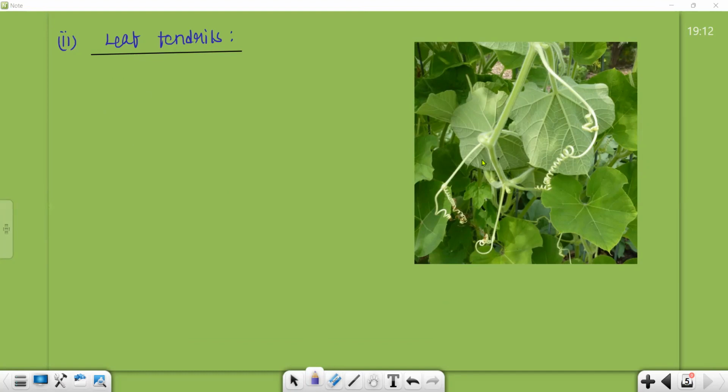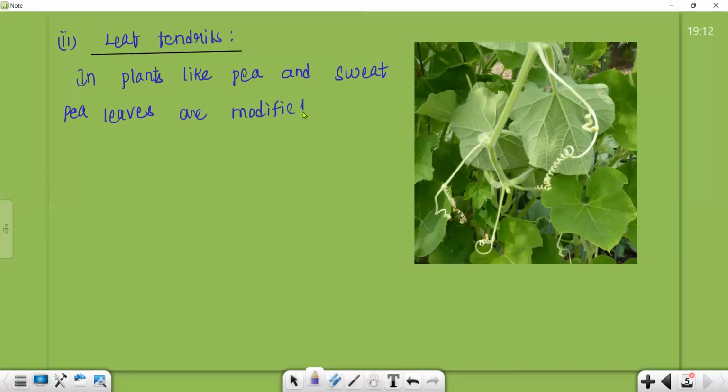Mostly you can find this in peas and sweet pea. In plants like pea and sweet pea, which climb, leaves are modified into long, thin, coiled structures. What are those called, students? Tendrils.